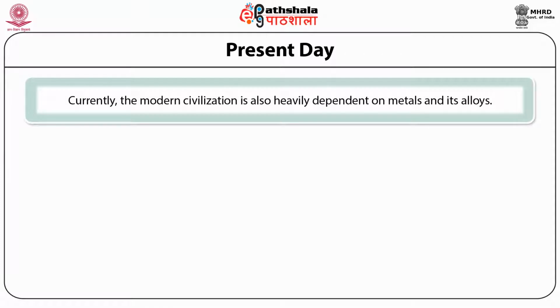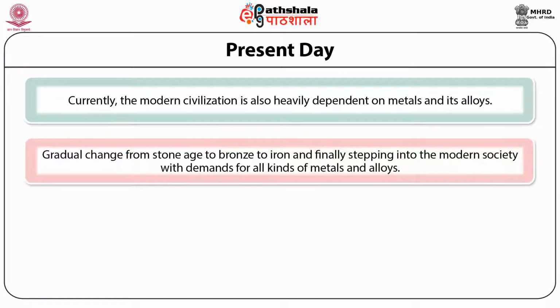Currently, modern civilization is extremely dependent on metals and other materials like ceramics, polymers, and composites. The gradual change from the Stone Age to the Bronze and Iron Ages, and finally stepping into modern society, has made the demand for metals and alloys in almost all applications many-fold.